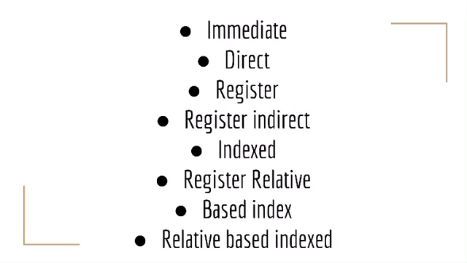The effective address of the data is formed in this addressing mode by adding the content of a base register to the content of an index register. Next we have relative based index. The effective address is formed by adding an 8-bit or 16-bit displacement to the sum of the contents of any one of the base registers and any one of the index registers. So these are the addressing modes of sequential control transfer.